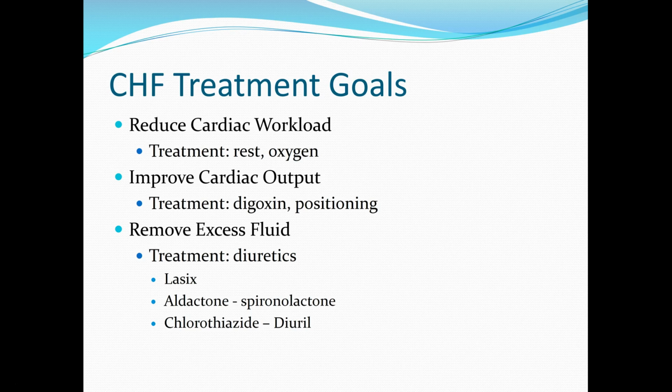And then improving the cardiac output, treatment, digoxin, positioning, so elevation. We're going to talk about digoxin later. And then you're going to want to remove that excess fluid that's in the body. So you're going to give diuretics, Lasix, Aldactone, spironolactone, or Diuril, and we're going to talk about those now.